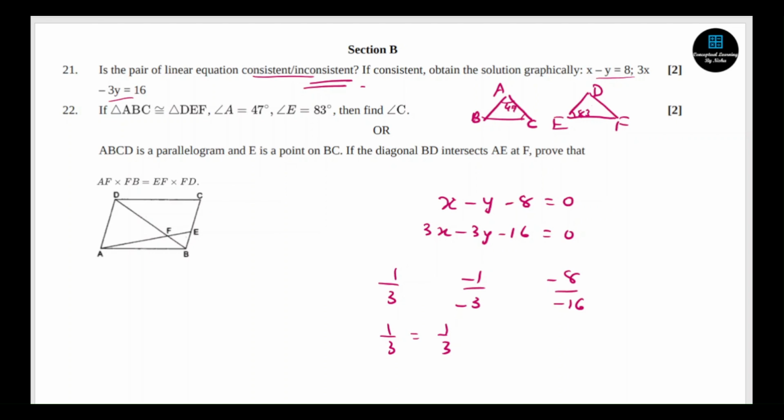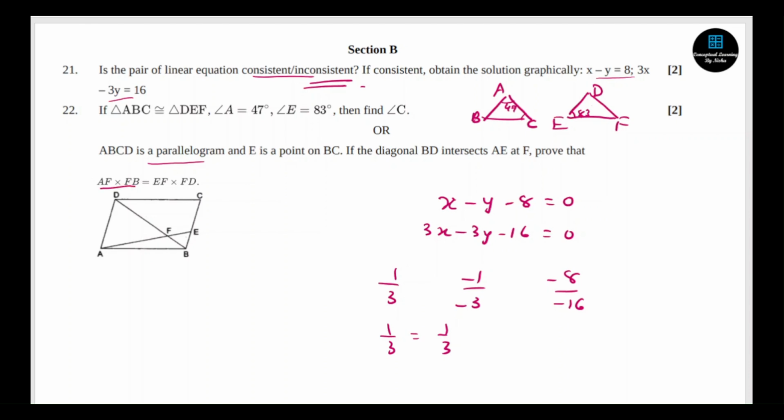Alright. Now, let's solve this OR question. Okay. ABCD is a parallelogram. E is a point on BC. If the diagonal BD intersects AE in F, then we have to prove this. Alright. So, see what we have to prove.